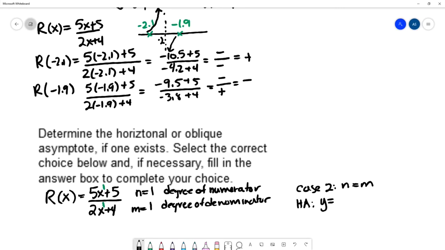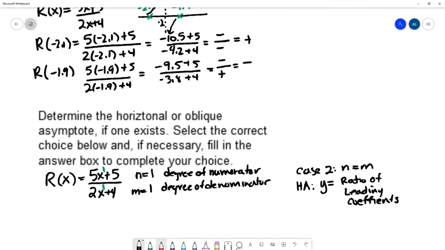And that horizontal asymptote is y equals the ratio of the leading coefficients. And the leading coefficients are these coefficients that are attached to the highest degree term. So the horizontal asymptote for this example is y equals 5 over 2. So we're going to have a horizontal asymptote at y equals 5 over 2.